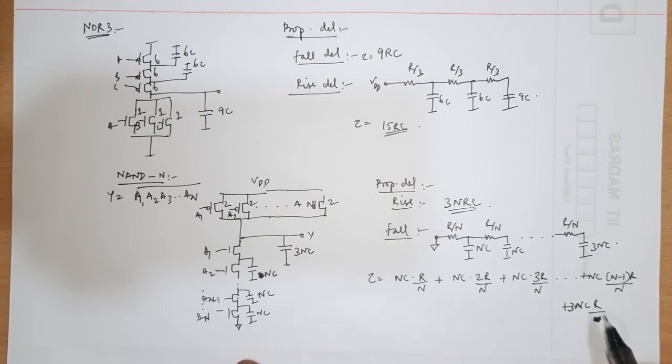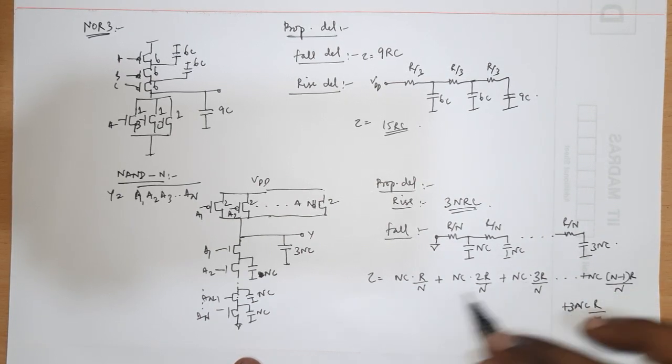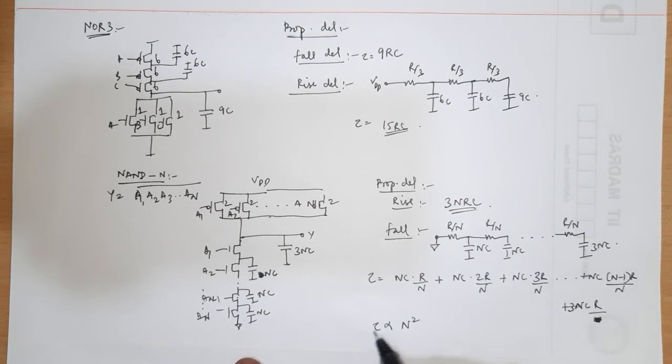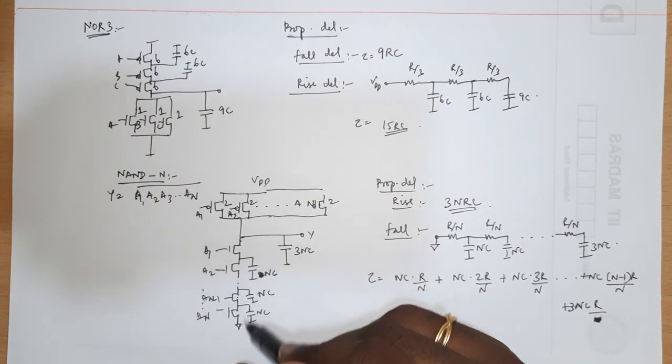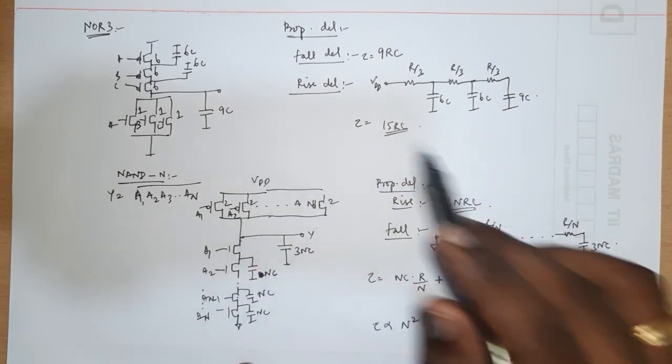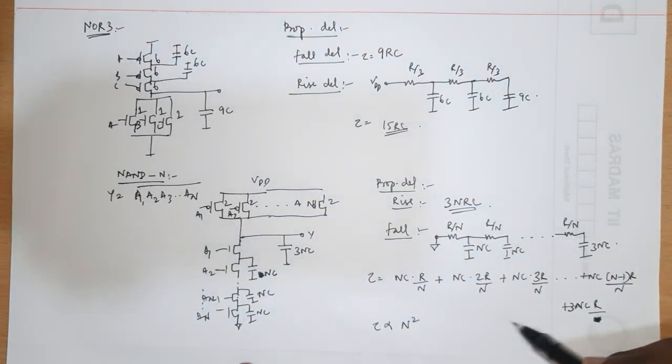Now I can clearly see this and say that my tau is proportional to n square. My tau is basically increasing as n square. If I keep on increasing the stack for NMOS, I can always prove it for a NOR n, and if I keep on increasing the stack for a PMOS also, whatever I'm going to say is valid.